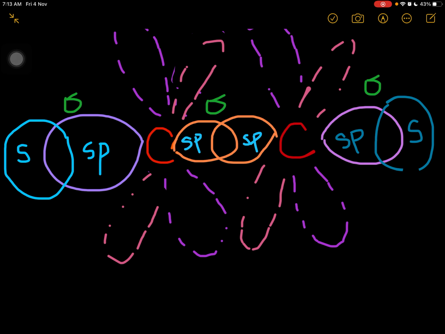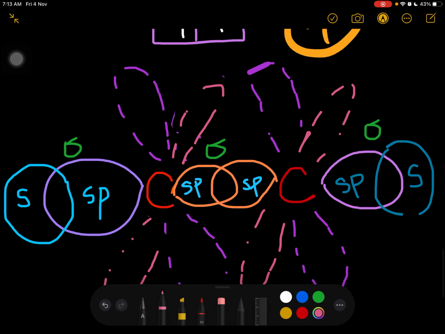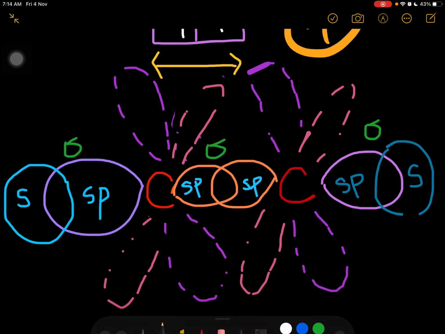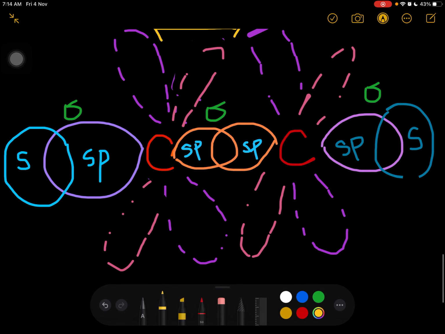Now you can see that there will be attraction. This will be attracted towards this, and this one will be attracted towards this, and this will be attracted towards it.